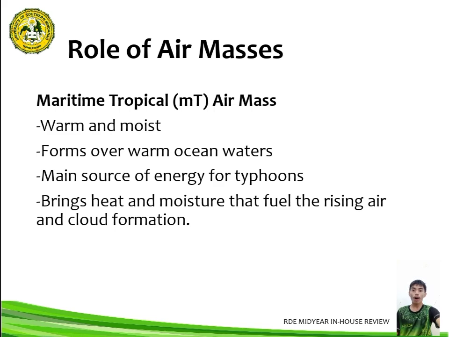When warm moist air interacts with colder air above, it creates instability in the atmosphere. This makes the air rise rapidly, increasing wind speed and cloud formation, and eventually organizing into a spinning system leading to typhoon formation.